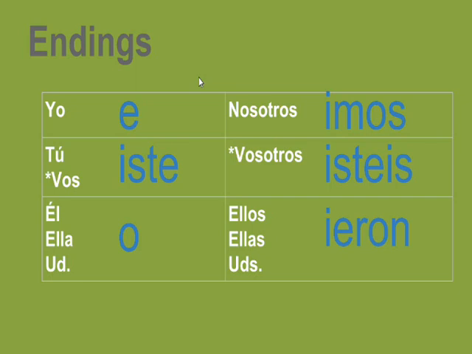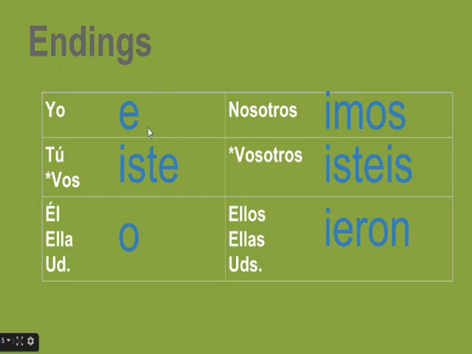Okay? Now you'll notice that in all of these endings there are no accent marks. So for these irregular pattern verbs, you won't have any accents. Okay? Now for the verb hablar, you have hablé with an accent, but if you write out tuve, there's no accent and it is not pronounced that way either.